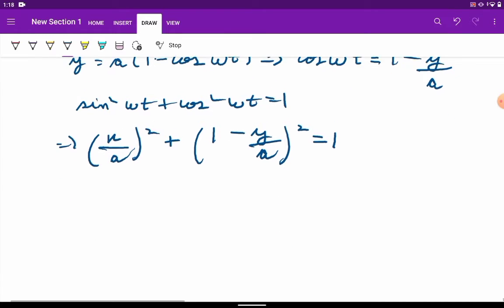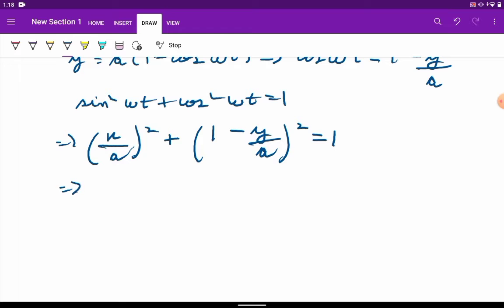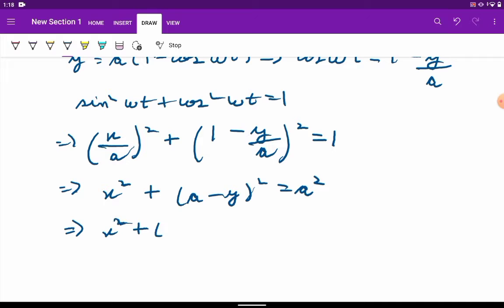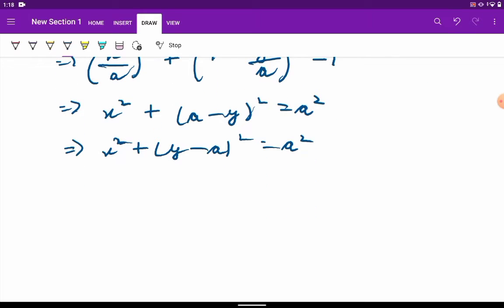You multiply both sides by a square, and this becomes x square plus (a minus y) whole square is equal to a square, and (a minus y) whole square is the same as (y minus a) whole square. You can also write it as (x minus 0) whole square plus (y minus a) whole square.